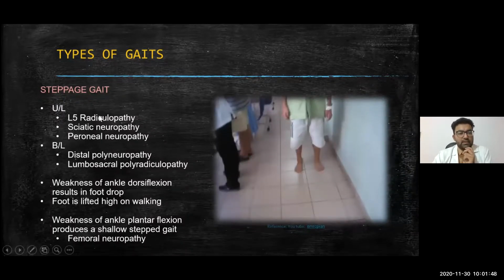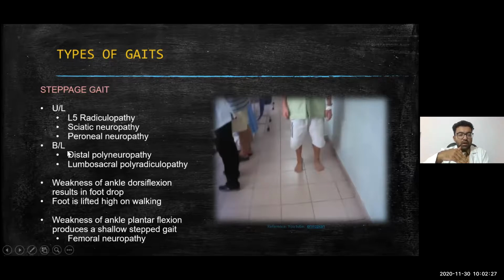So the next is a steppage gait, which we usually find when we have a difficulty with the common peroneal nerve, which is involved in dorsiflexion of the foot. When the patient has difficulty in dorsiflexion of the foot, it results in a foot drop. Unilateral causes are L5 radiculopathy, and sciatic nerve neuropathy, which gives rise to the peroneal nerve, or peroneal nerve neuropathy itself.